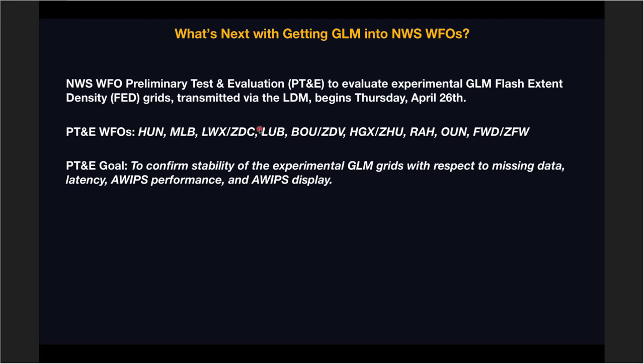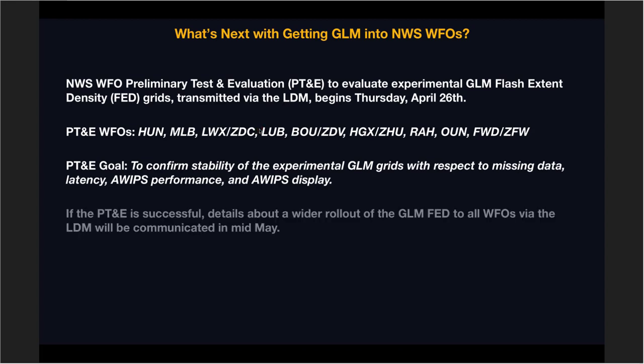We really want something in the 1 to 2 minute range. AWIPS performance, if you're overlaying this data with satellite imagery, things like that, other data sets, how does AWIPS perform? And then AWIPS display: is the color curve, at least the initial one that I've shown here, going to be sufficient for forecasters?